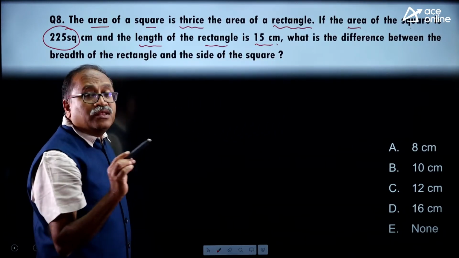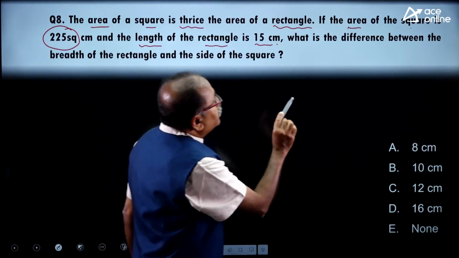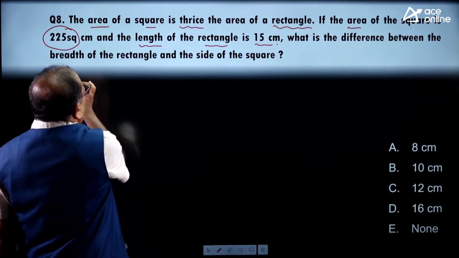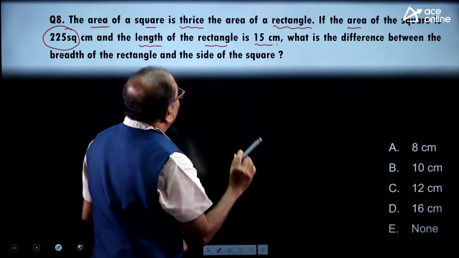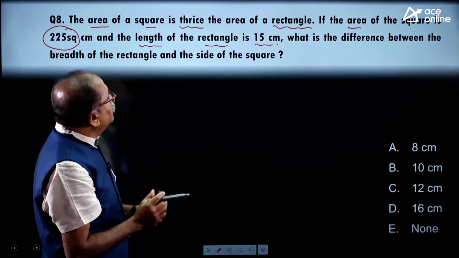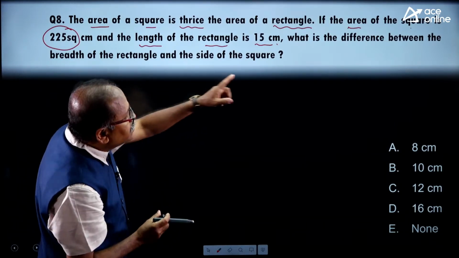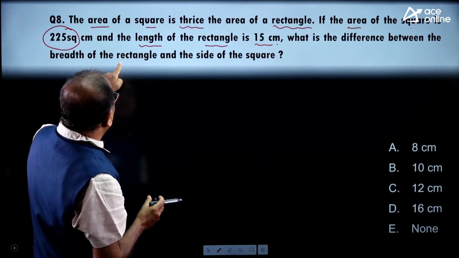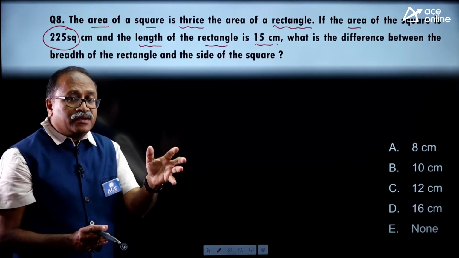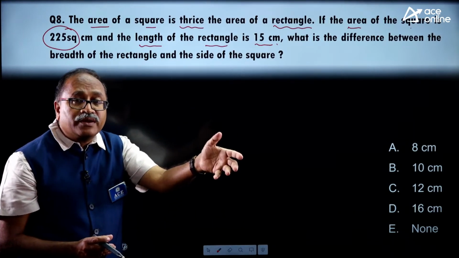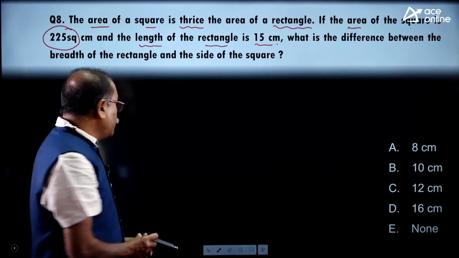We already know the length of the rectangle. What is the difference between the length of the rectangle and the side of the square? Yes, how do I find it out?